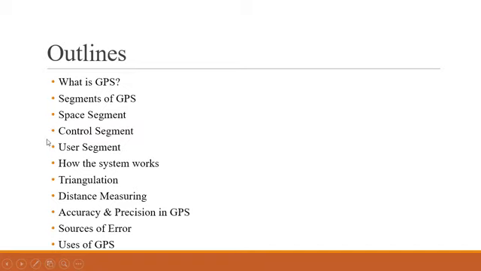We will cover these 5 parts of this lecture. After these, we will continue the lecture and cover the remaining parts: how the system works, triangulation, distance measurement, accuracy, sources of error, and uses of GPS.